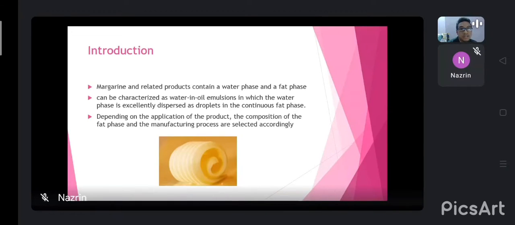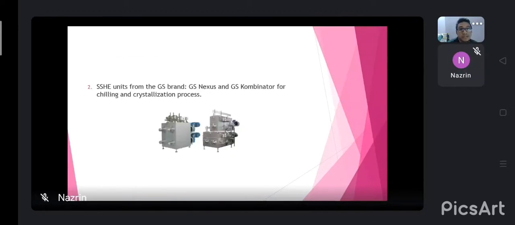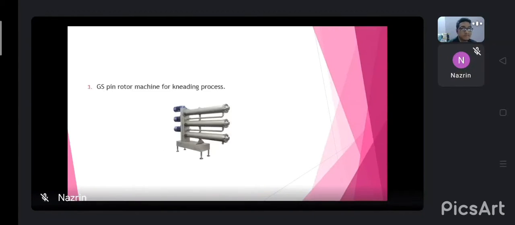are selected accordingly. The equipment in margarine production: first, GS concentrators as low pressure SSHE or Combinator 250 SHCW as high pressure SSHE for the pasteurization process. Next are SSHE units from the GS brand, GS Nexus and GS Combinator, for the chilling and crystallization process.